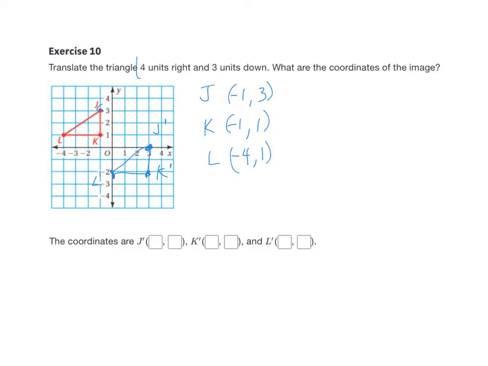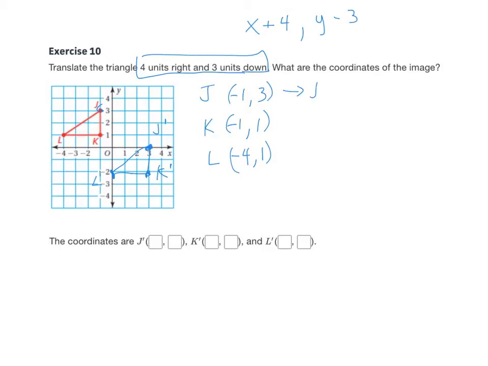Now let's go to the rules. The rules are telling us 4 units to the right. So if I go 4 units to the right, right is going to be positive. That means my x value, I'm going to add 4. And 3 units down means that my y value, I'm going to minus 3. So we can do this here.